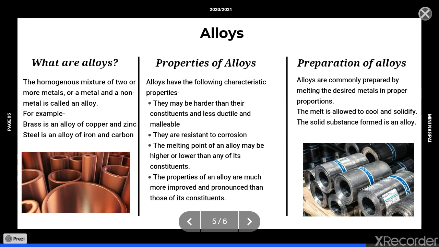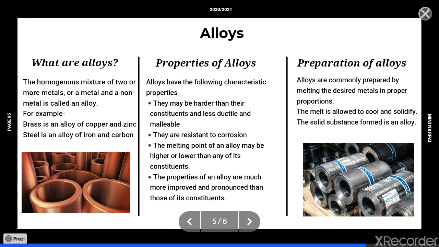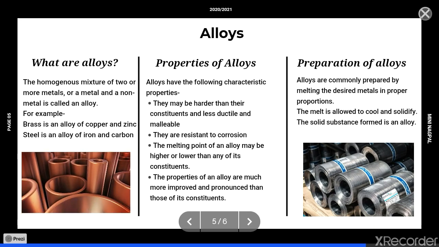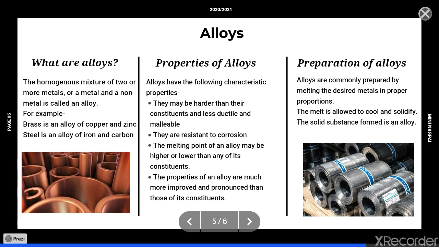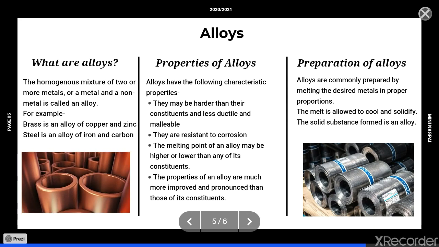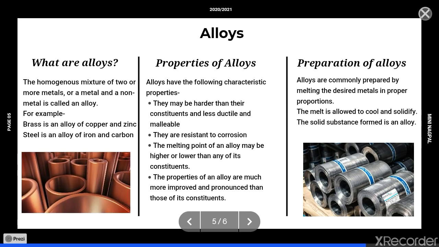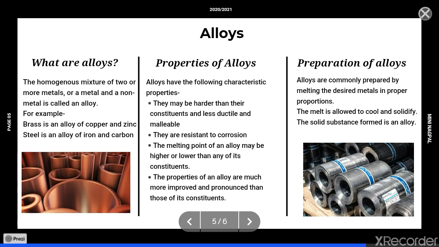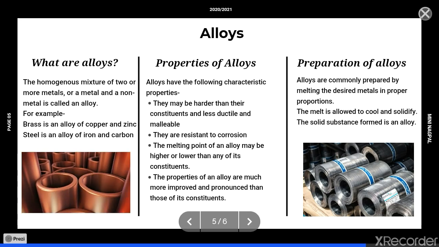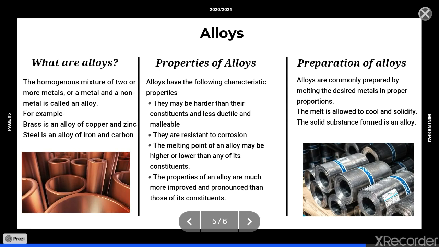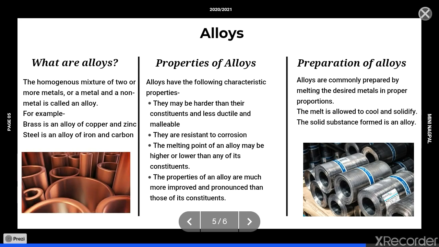You are all aware of the bronze alloy and the steel, stainless steel, which is being used at home also. So those are alloys. Now, why do we prepare alloys? We prepare alloys to improve the properties of the constituent elements. First of all I'll take an example of gold. Pure gold, which is 24 karat, is very, very soft.